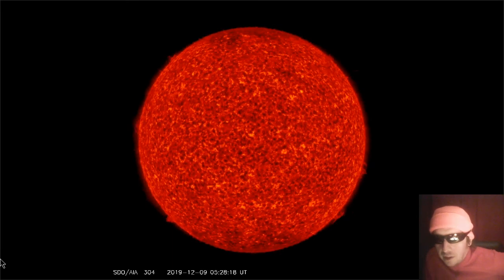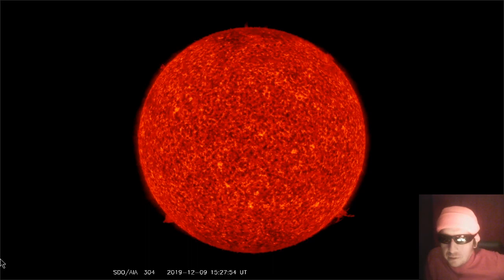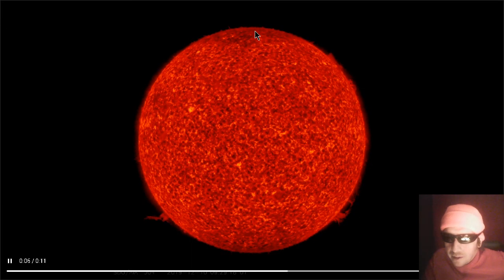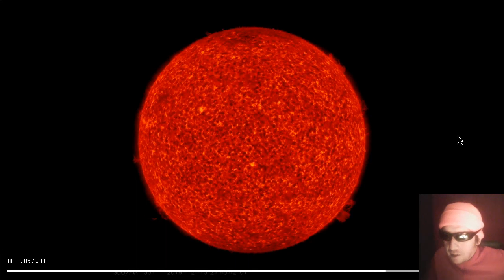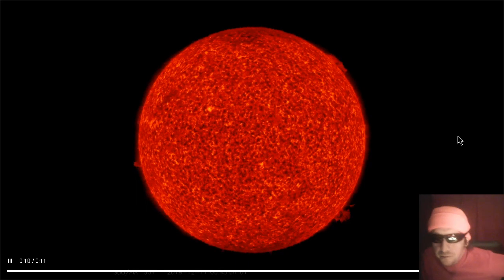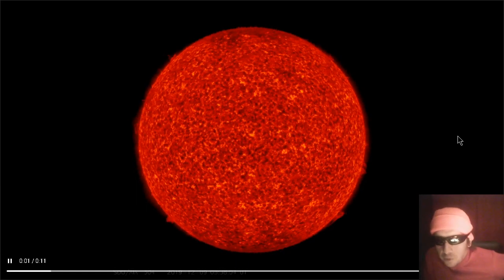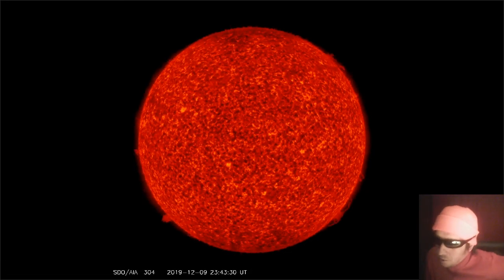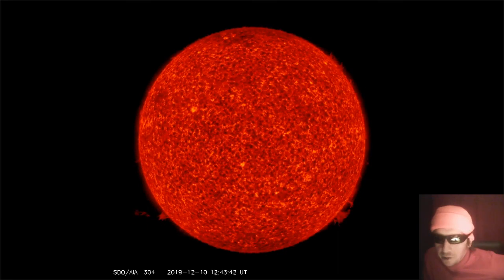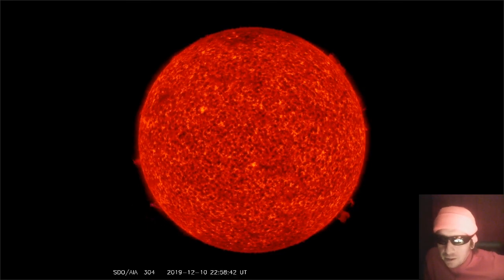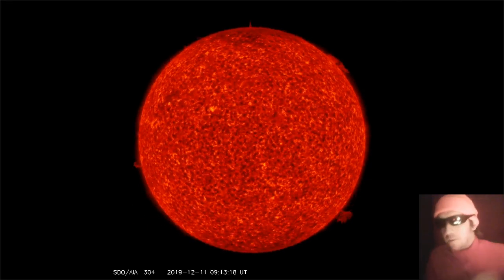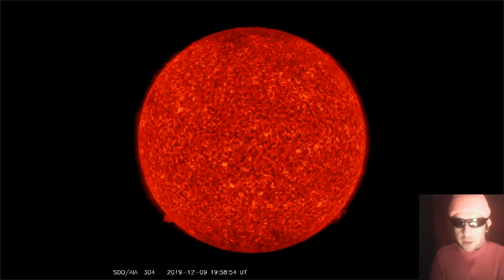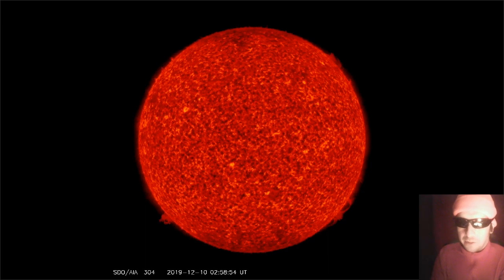And I'm just looking to see that filament eruption. The filament comes from up in this area, and it kind of comes down this direction. Kind of difficult to see in the 304 angstroms view. We did look at it yesterday on the space weather video, and we didn't even realize the CME was there until a little bit later in the day. But again, prime example of how a massive coronal mass ejection can happen with 0 X-ray flares and 0 sunspots.